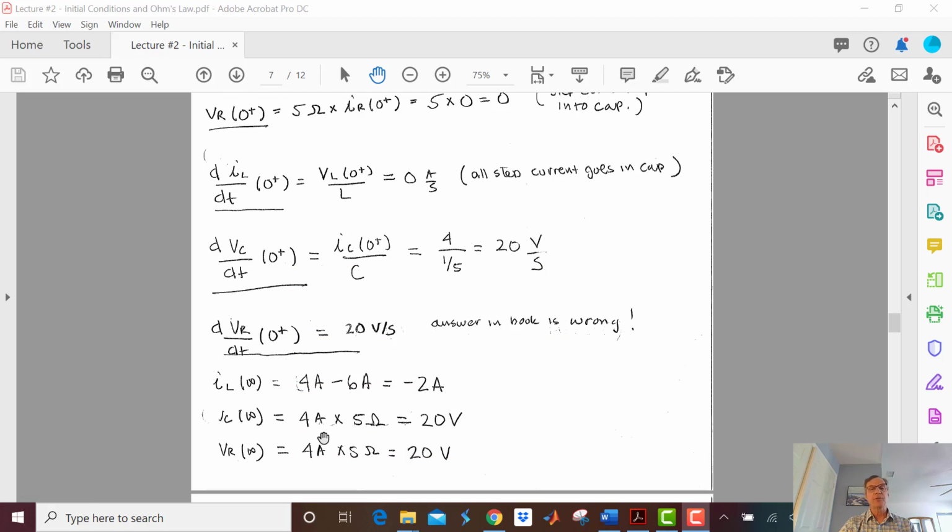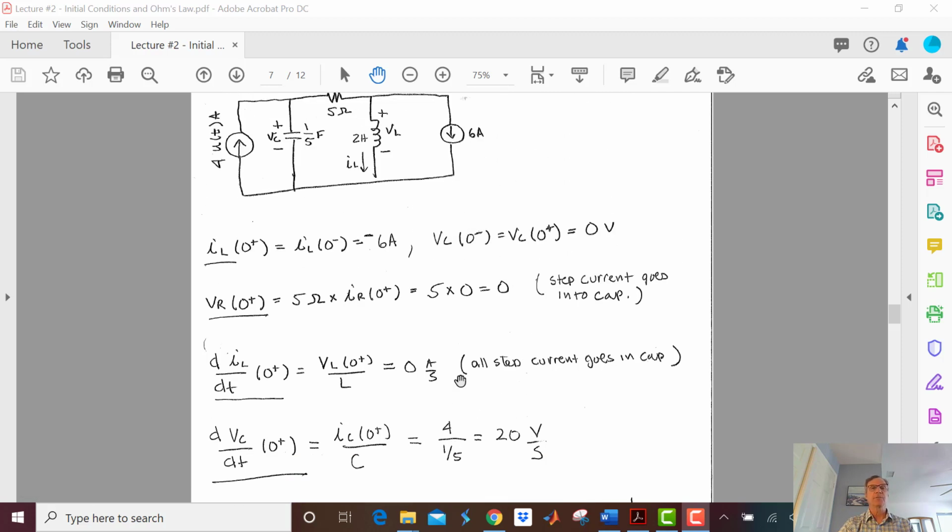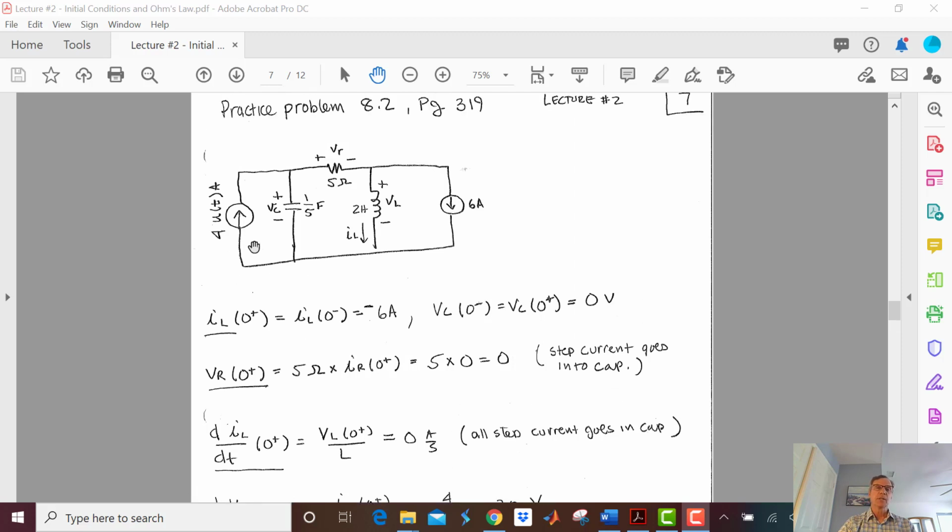Now let's get the capacitor voltage at time equals infinity. So let's see, at time equals infinity, we know the voltage here is going to be 0 because there's no voltage across this inductor. So that means I have 4 amps, none of it's going this way. Oh, it's all going through the 5 ohm resistor.